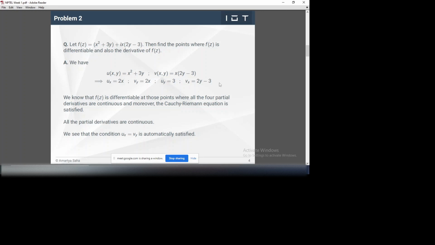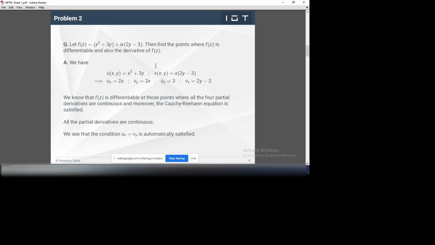So the only remaining criterion now is to satisfy the Cauchy-Riemann condition. So now we'll examine that. From these derivatives we see that the Cauchy-Riemann conditions are u_x equals v_y and u_y equals minus v_x. As we have been taught, we see that u_x equals v_y, this condition is trivially satisfied for any point.